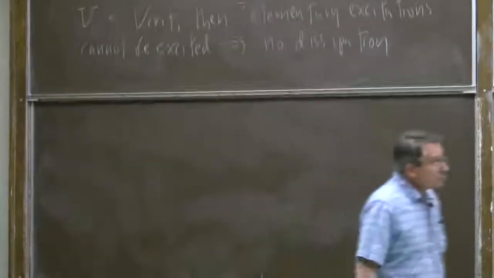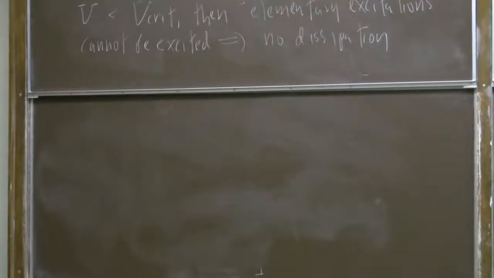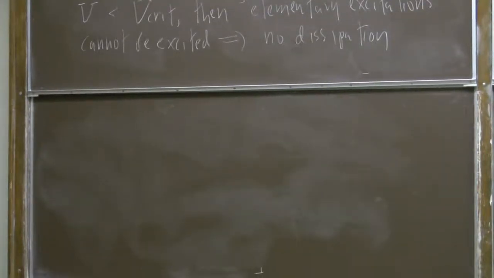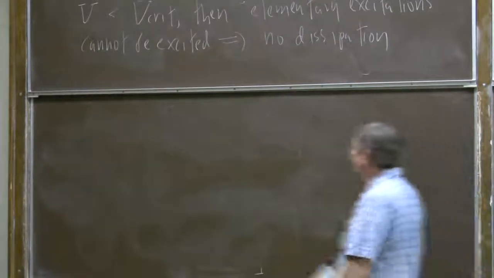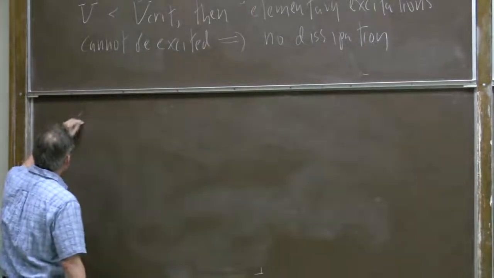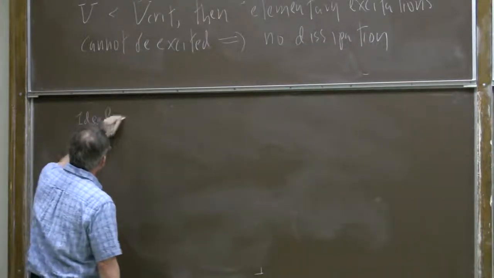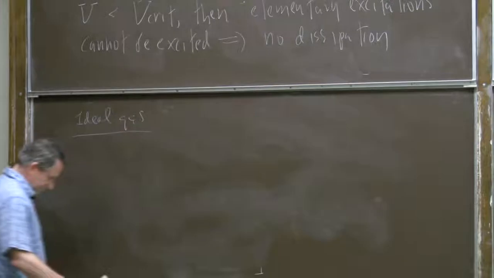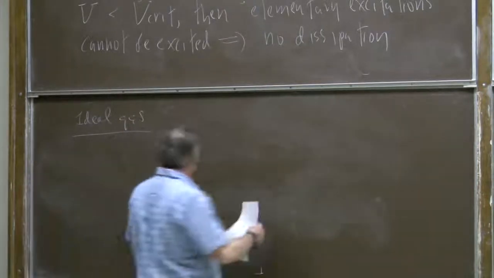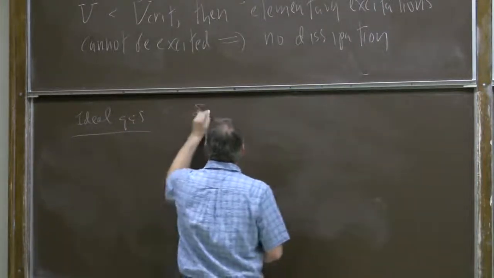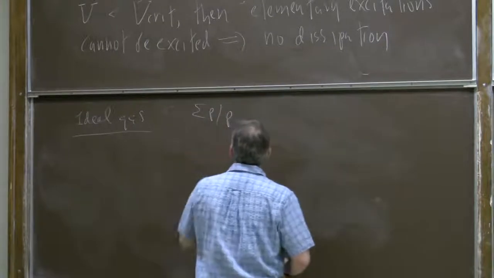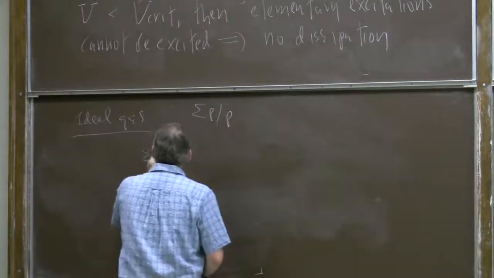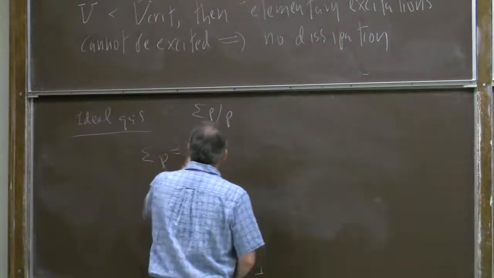Well, if the elementary excitations were non-interacting atoms, if we really had an ideal gas, the critical velocity would be the minimum of E(p) over p, but E(p) would just be p squared over 2m.